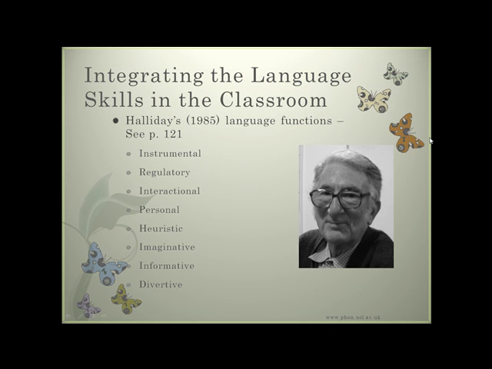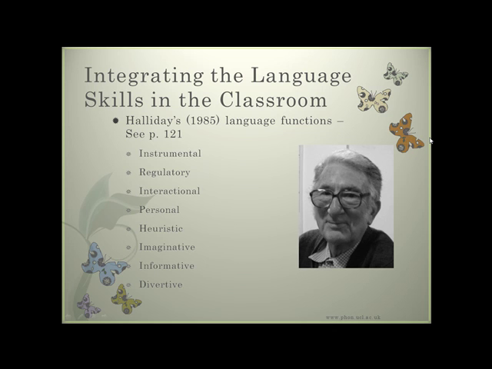To integrate these 4 language skills we've already talked about, we need to really pay attention to the ways in which language is being used. If you see your textbook on page 121, you will see that we have Halliday's Language Functions Framework, or taxonomy. What this just tells us is that our learners will be using language for different purposes. Take, for example, instrumental.